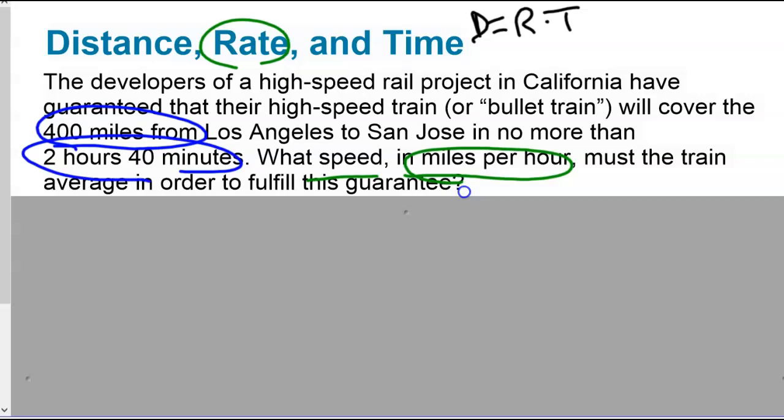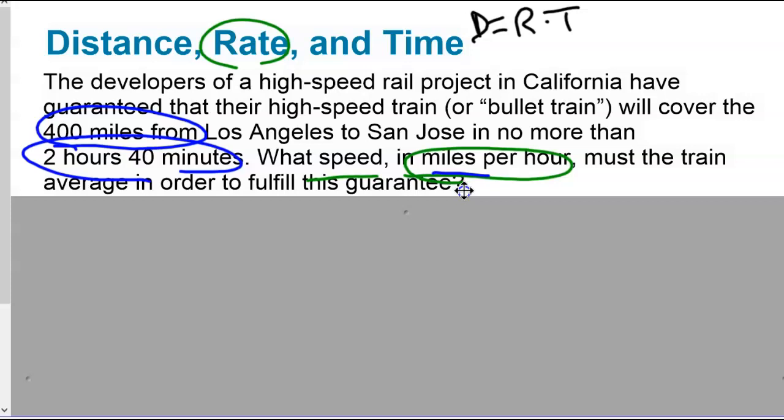They're giving us time in 2 hours and 40 minutes, which is hours and minutes, and the rate is in miles per hour. So we need to get this down to a common denominator that we can use to divide later on.